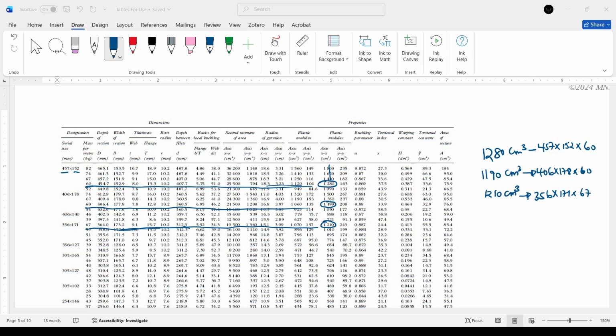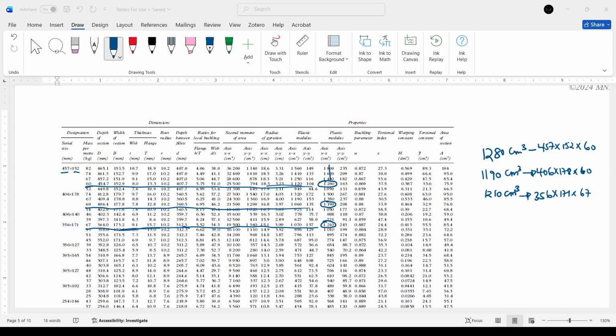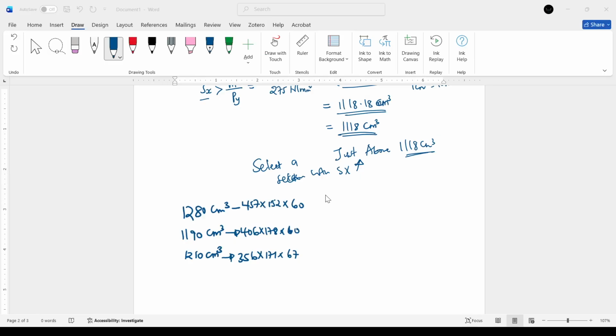I know how to do it. I always have a way out. So I bring it to our table. Let's make progress. Okay, so those are the sections that we obtained.